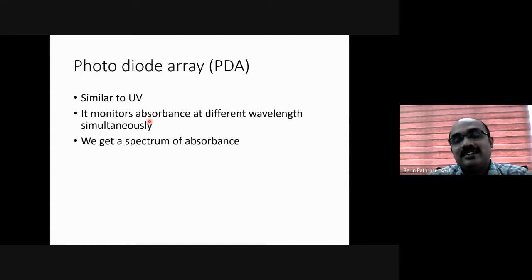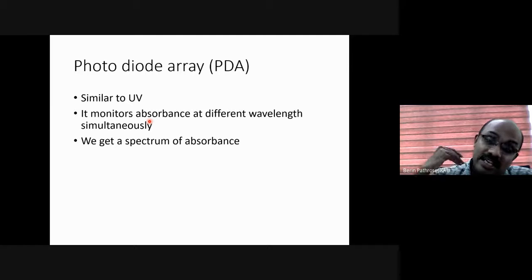Just like we discussed in GCMS, wherein we can scan the voltage in quadrupole one. It changes from lowest to highest in a very short span of time, so that the entire mass can be scanned within a short span of time. In a photodiode array detector also, the same thing can be done.